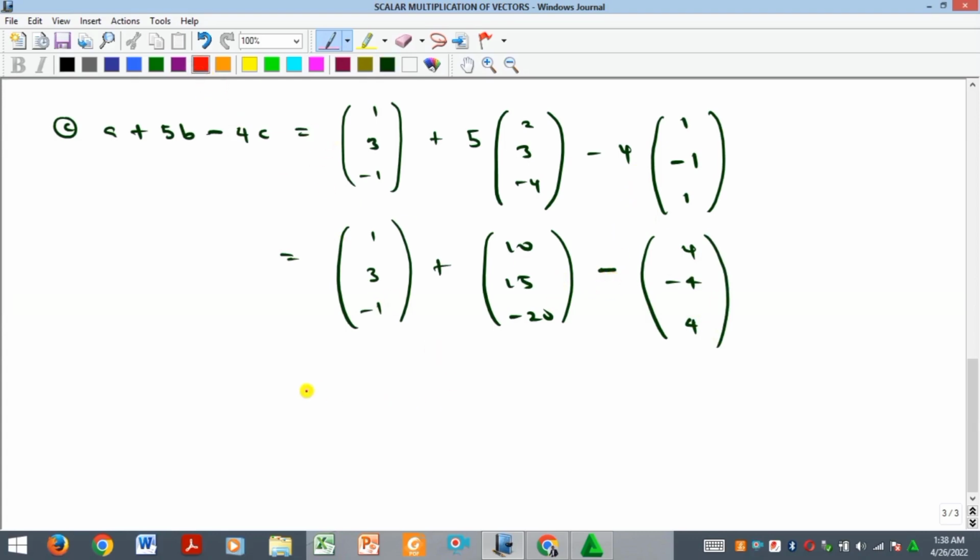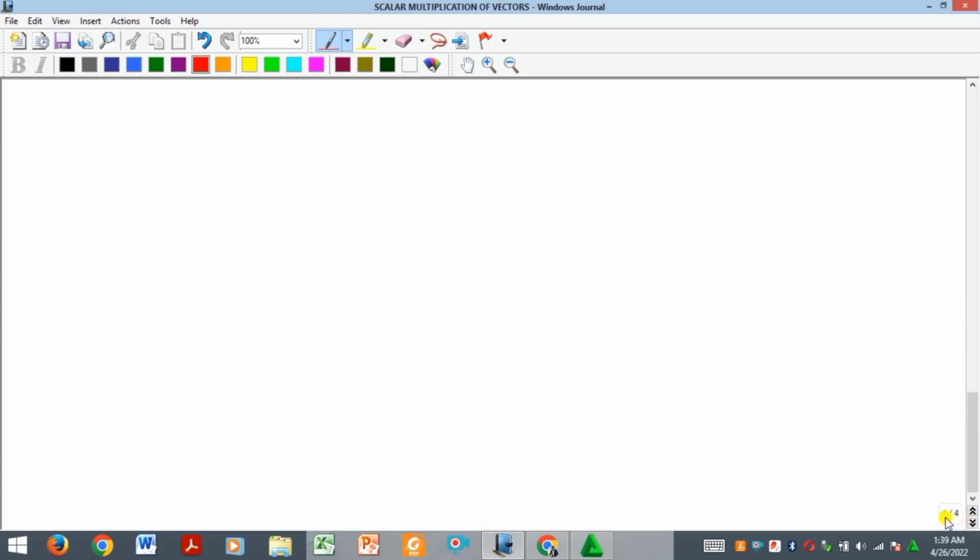Finally, our solution will be 1 plus 10 is 11, minus 4 is 7, 3 plus 15 is 18, minus 4 will give us 22. Then minus 1 plus minus 20 is minus 21. Then minus 4 is minus 25. And that is the required vector. So example B is going to be an exercise for you. Quickly we go to example 2.